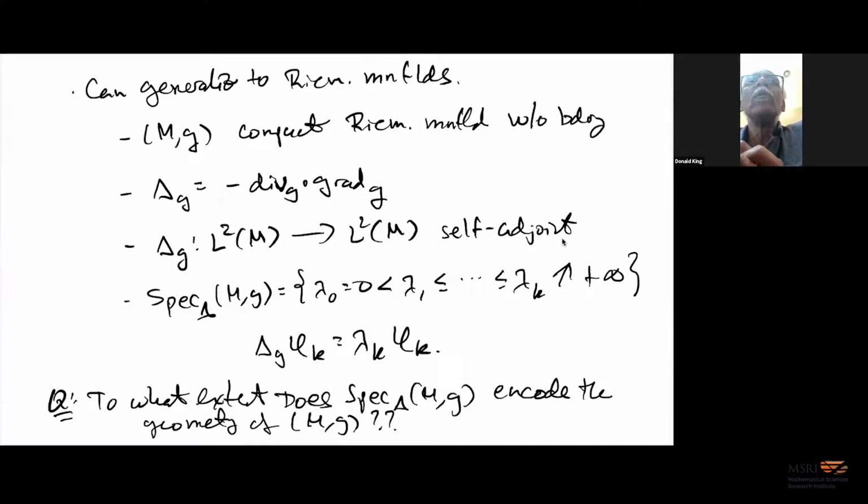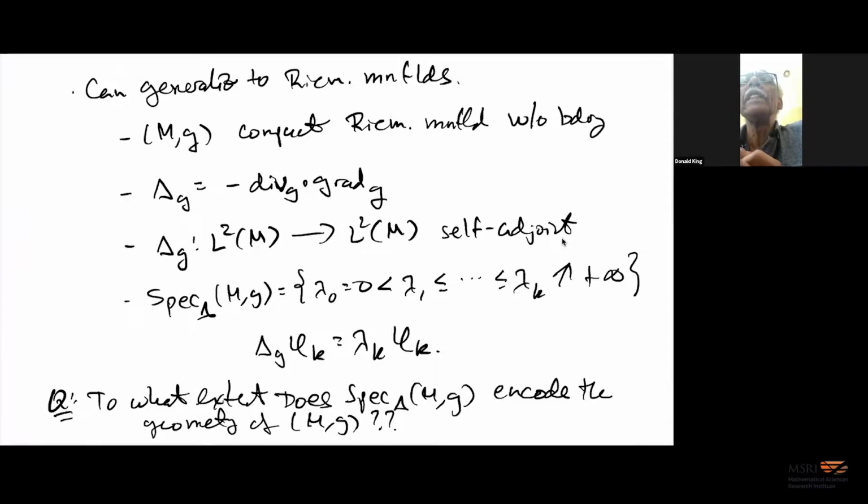And what we obtain is an operator that is self-adjoint from L2 of M to L2 of M, and which has a spectrum of eigenvalues. Again, we'll denote this by lambda 1, et cetera, lambda k. And in principle, we have eigenfunctions.